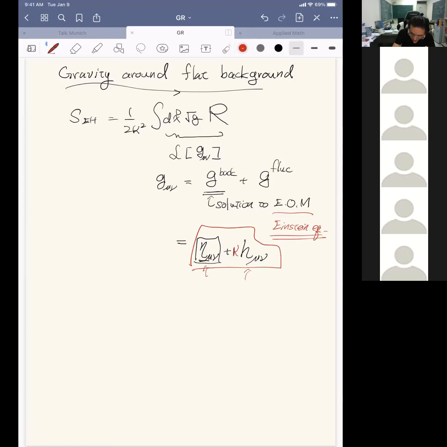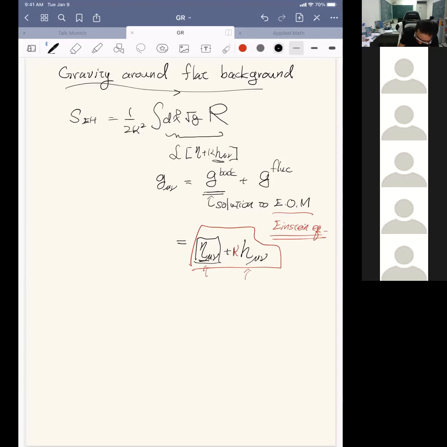Therefore, your Lagrangian, you're going to write it as eta plus kappa h, and then expand in h.